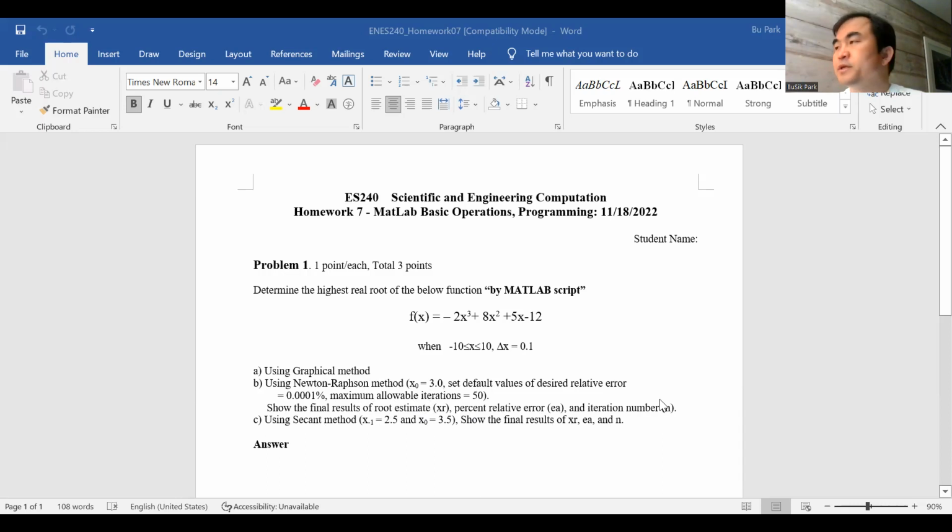And the due date is the 28th, I believe, or the 29th. After 2 weeks you need to do this, because next Wednesday is a holiday, so you don't need to submit it until that time.